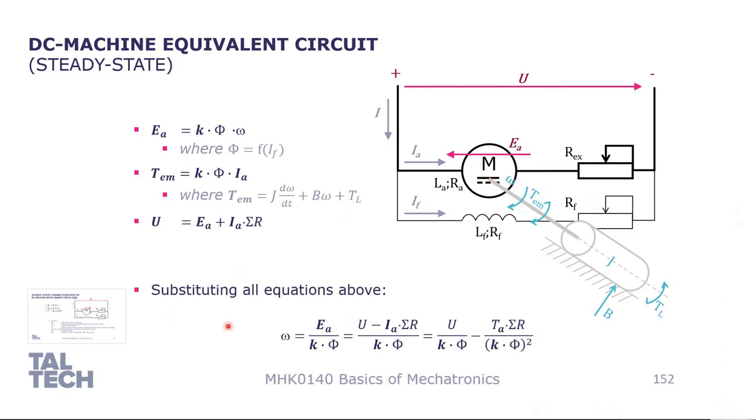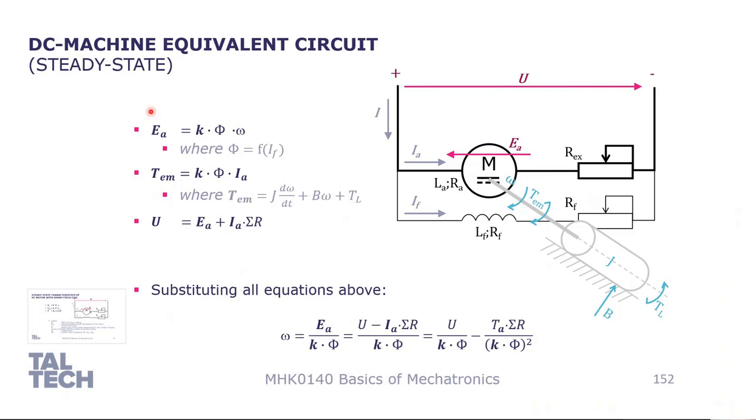So this equation is also familiar to us because we discussed it previously. This is one of the main equations used to describe the properties and the operation of the DC machine. We have here the angular velocity of the shaft, and it's equal to, everything is coming from those three equations.